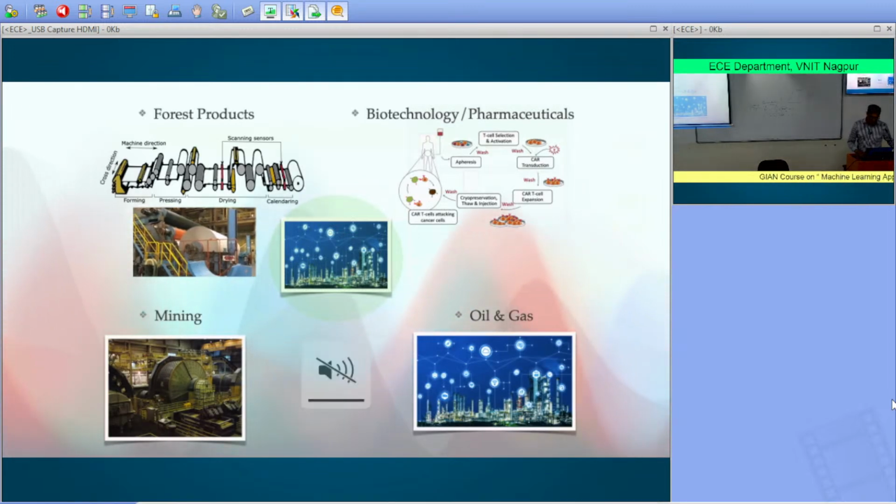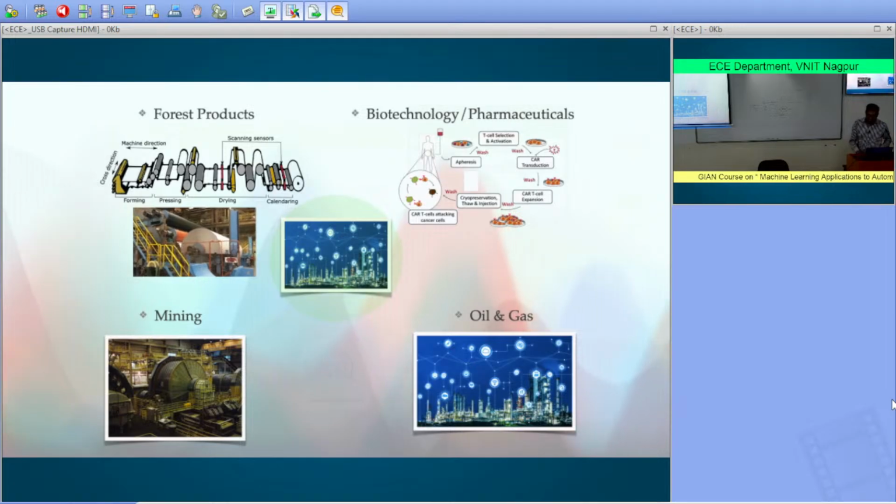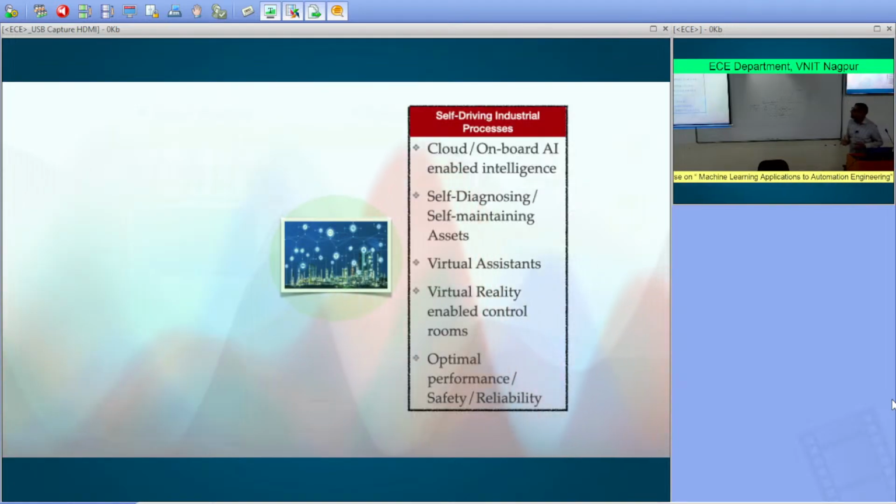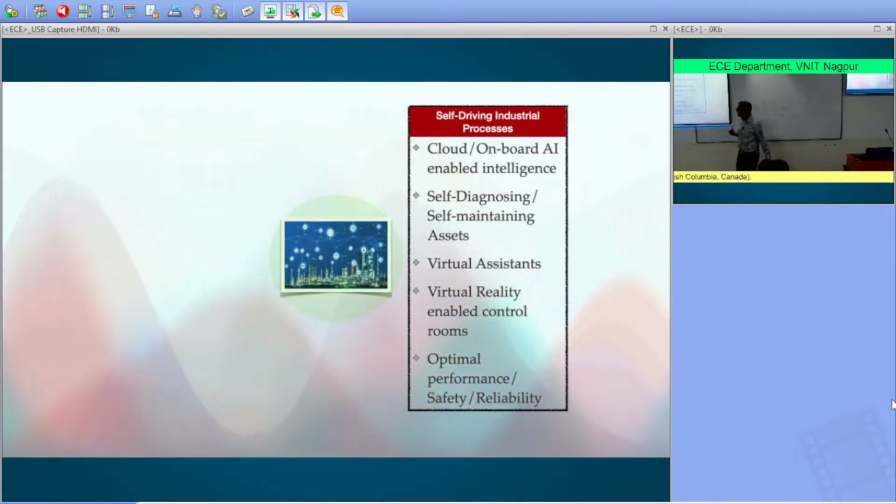At a very high level, the goal of our research group is to build these self-driving industrial processes with cloud, onboard AI-enabled intelligence, self-diagnosing, self-maintaining assets, virtual assistants, virtual reality-enabled control rooms, all of this while making sure you're able to achieve optimal performance while maintaining high standards of safety and reliability. That's our goal. That's what we are trying to build.